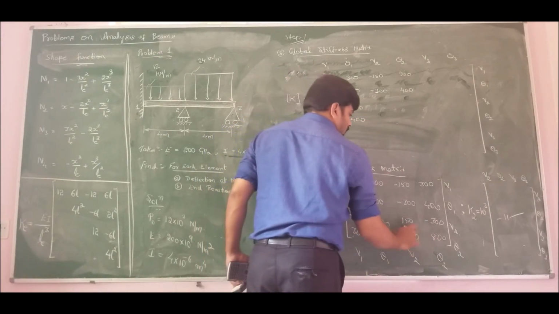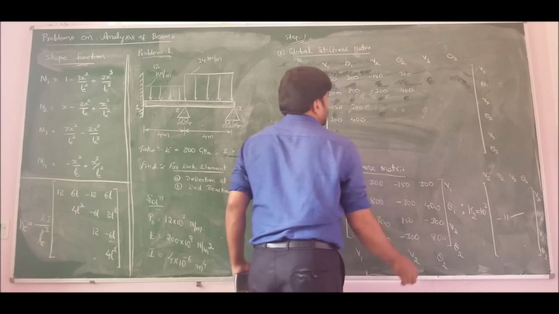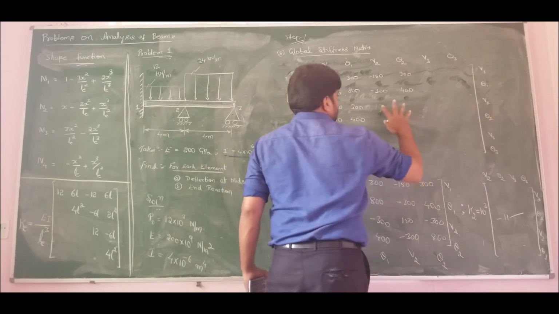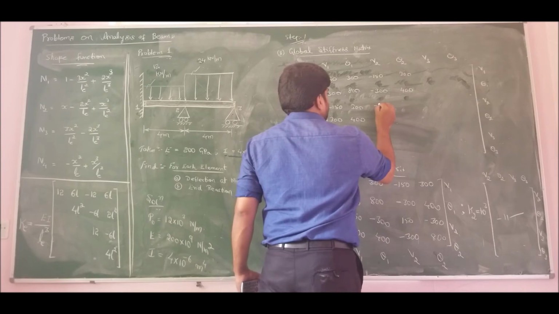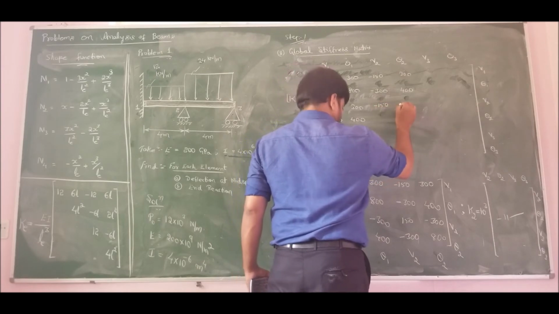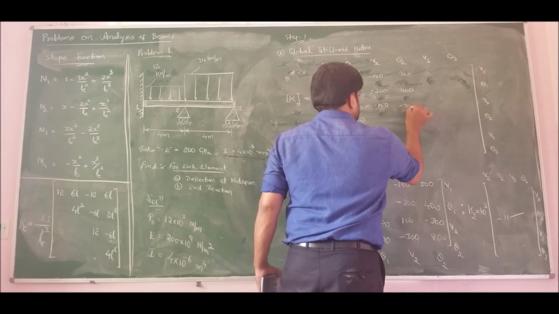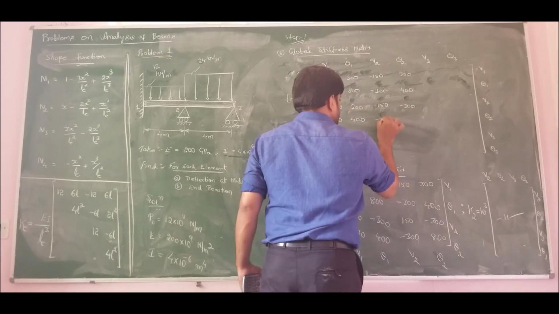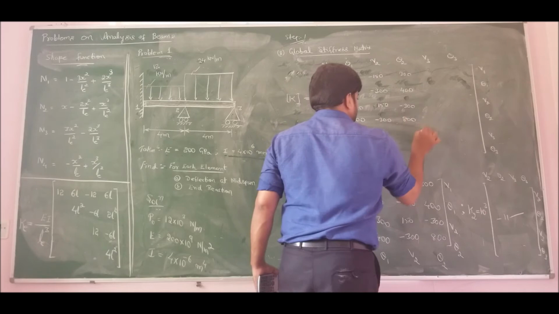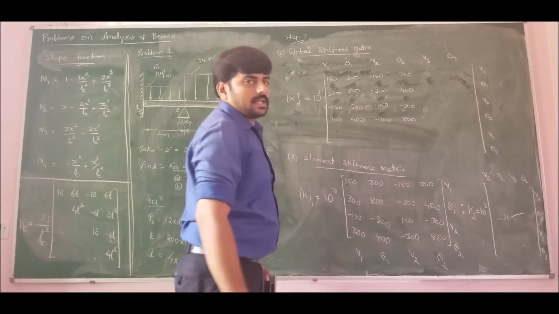The order of these 4 is v2 theta 2 cross v2 theta 2, so they will fit here. Therefore I will get 150, minus 300, minus 300, 800. So that completes element 1.